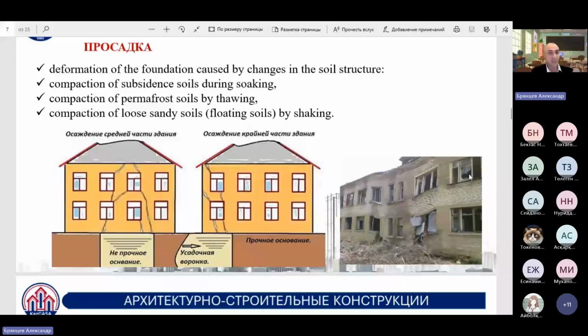So in general, the main hazard of subsidence or settlement lies in the sudden occurrence of large deformations of the soils. So it's very important to find the right way of choosing the type of bed of foundation and choosing the right type of the foundation itself.